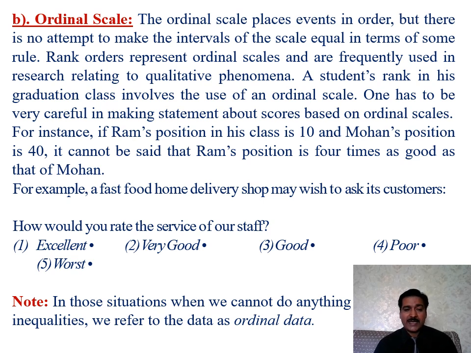Similarly, you can assign the numbers in reverse order as well. Like you can assign 5 for excellent, 4 for very good, 3 for good, 2 for poor, and 1 for worst. It is up to the researcher how he or she wants to assign the numbers to these categories.